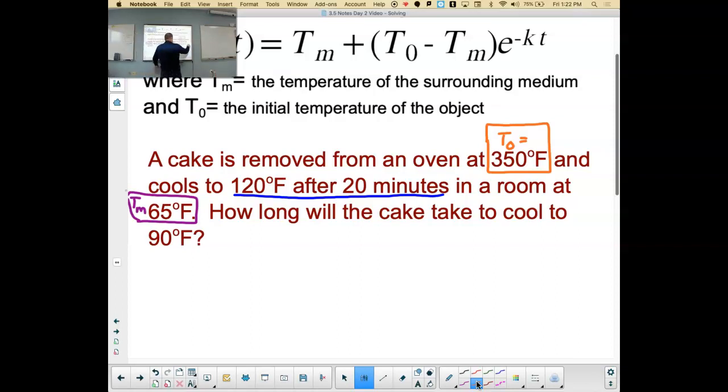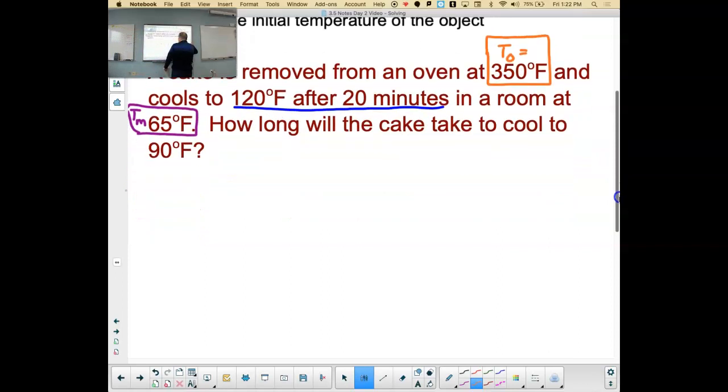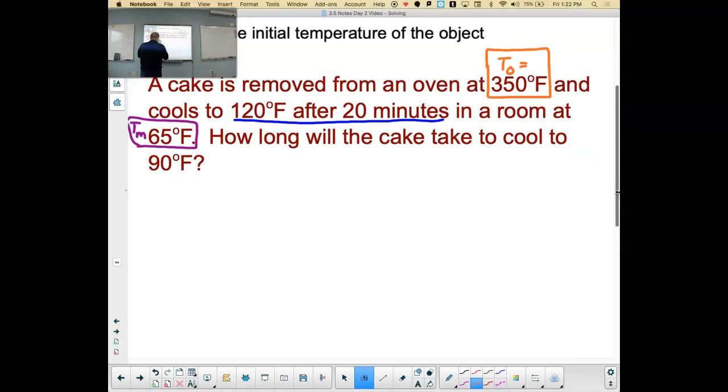Okay? So let's go with, the cake is removed and it ends up at 120 degrees.